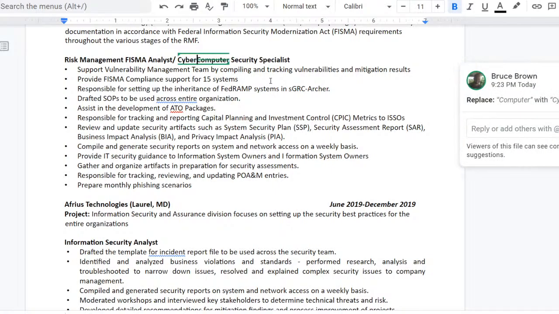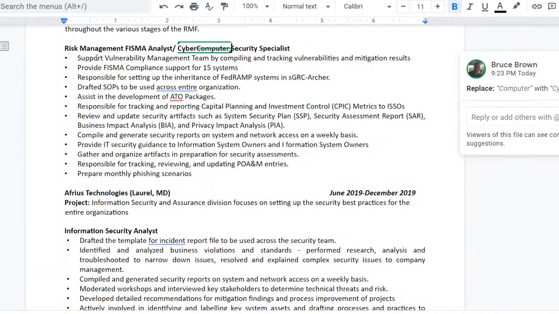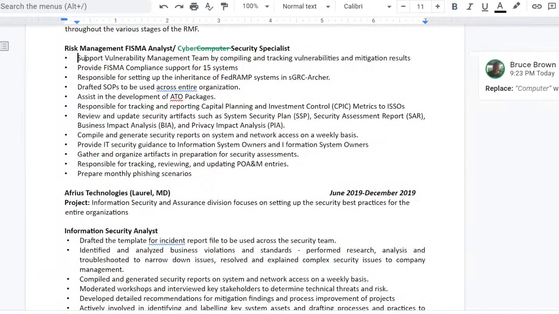So instead of computer security, I'd say cybersecurity specialist. Means the same thing, even if at the actual organization they called you a computer specialist. Cybersecurity means the same thing as computer security. Specialist. All right, it's a little trick to get some keywords in there.